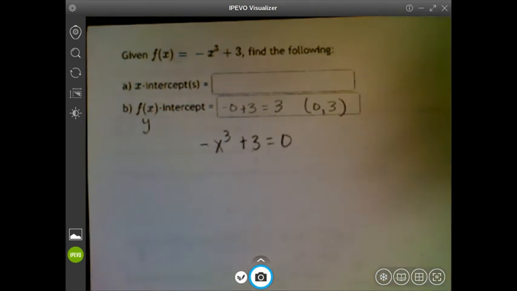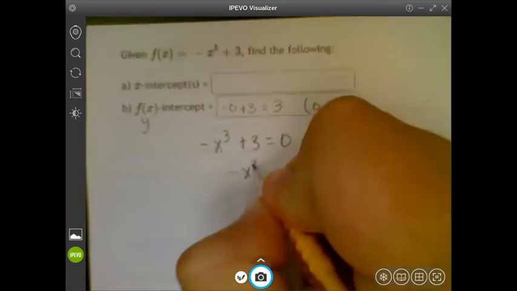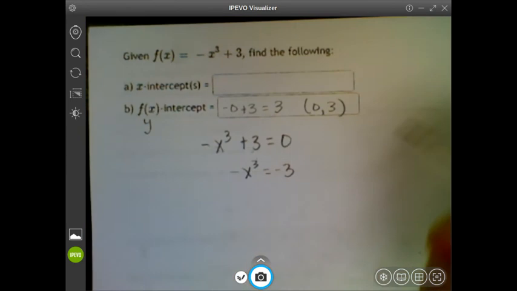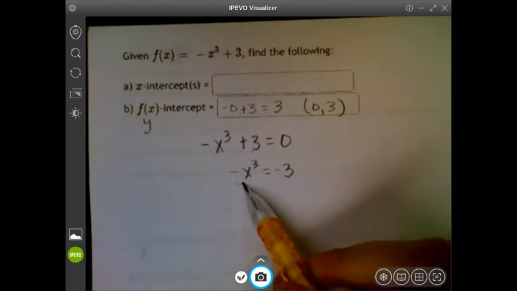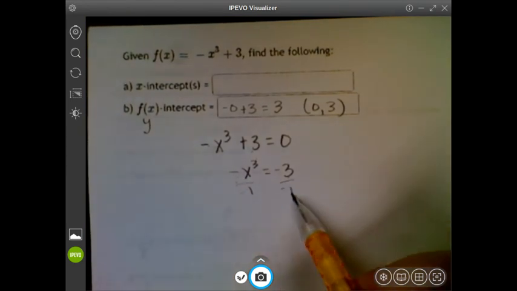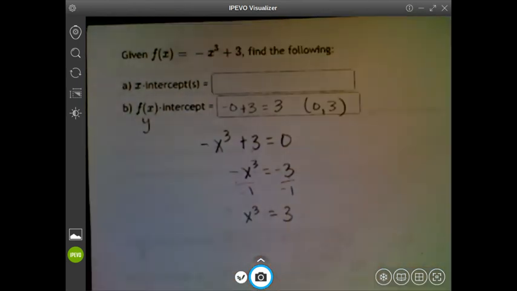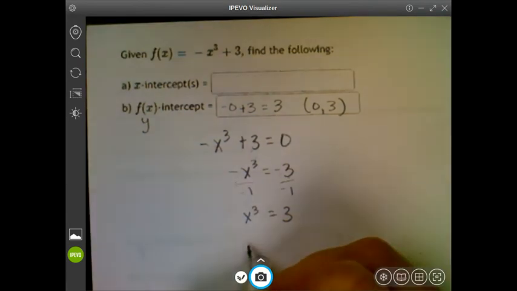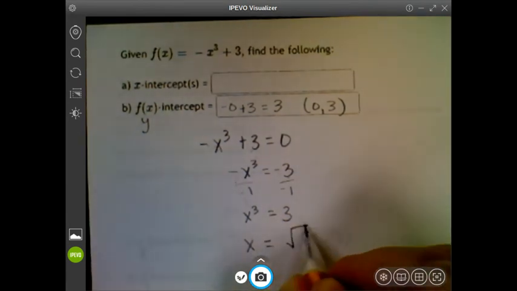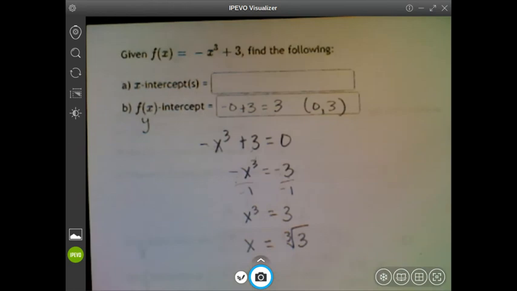And so because those are all missing, you can actually just go ahead and do the algebra to solve this. So the first thing you can do is move the 3 over, so subtract 3 from both sides. They both have negatives in the front of it, so you can divide them both by negative 1, which will make them both positive, so x cubed equals positive 3. And then you can get rid of the cube by taking the cube root. So x would be equal to the cube root of 3.